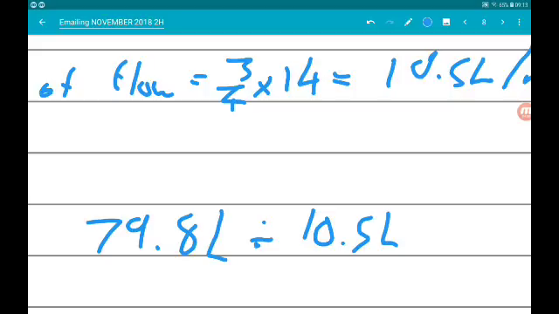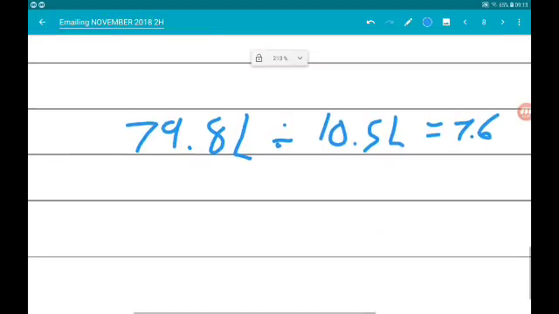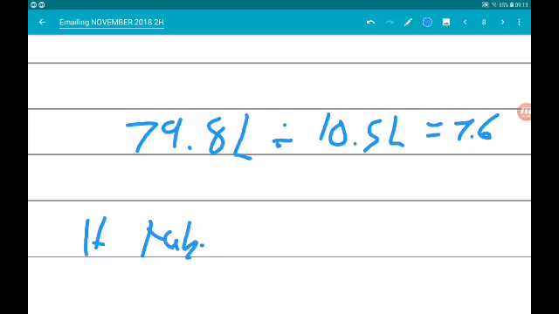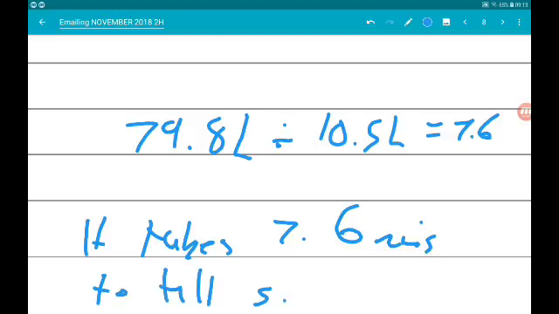So 79.8 divided by 10.5 gives us 7.6. So it takes 7.6 minutes to fill the tank. So no is the answer. It does not take less than 7.5 minutes.